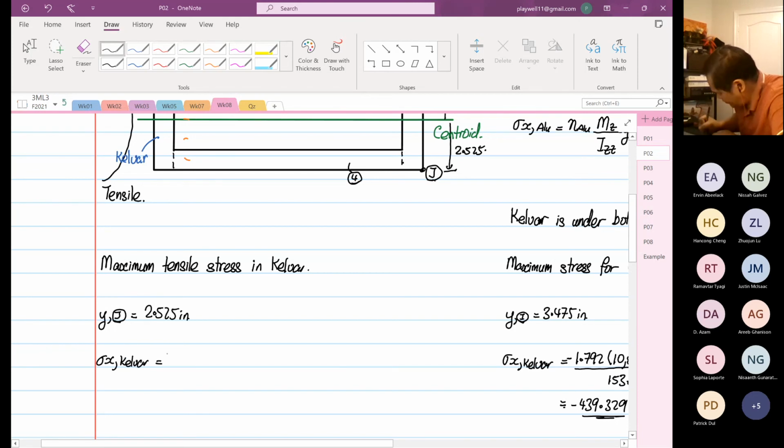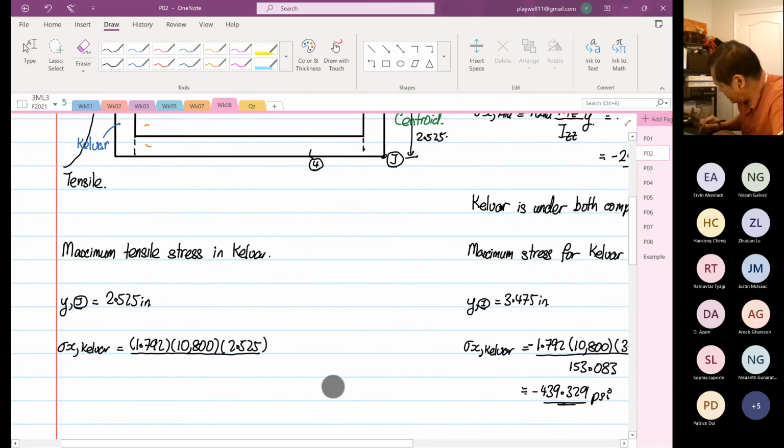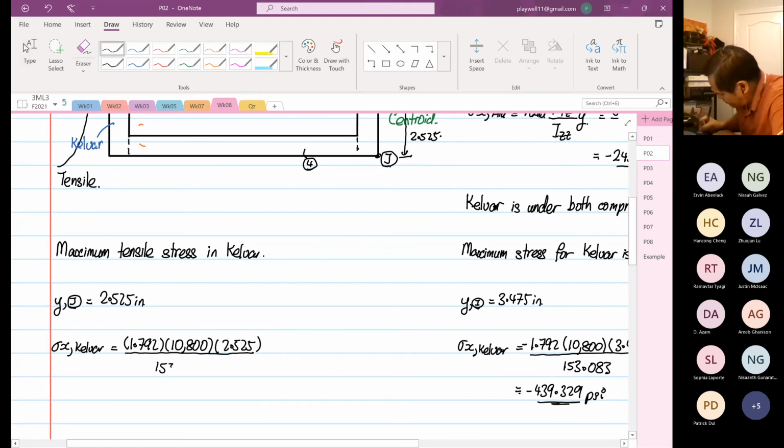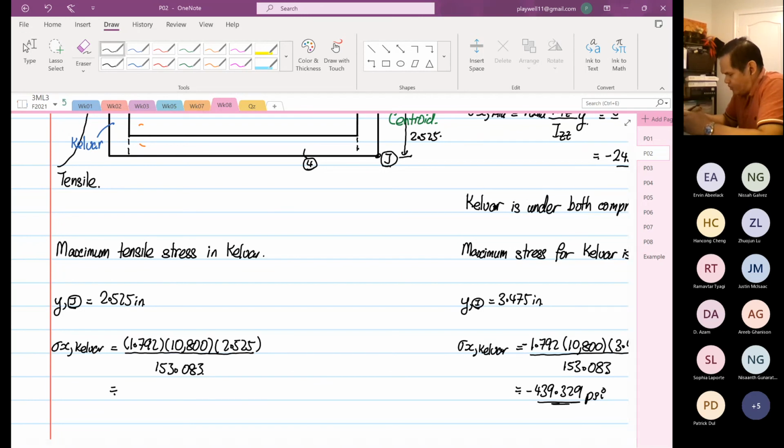Okay, so stress X Kepler in terms of tensile. So it's again 1.792 multiplied by the moment, the point of interest, divided by the second moment of area. So this is equal to 1.792 times 10800 times 2.525 divided by 153.083.